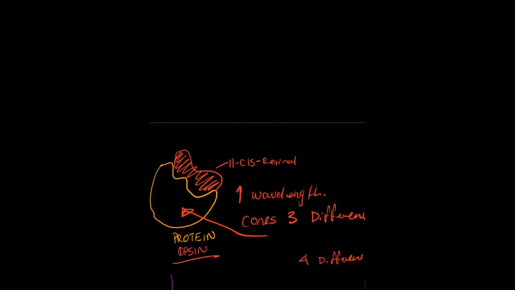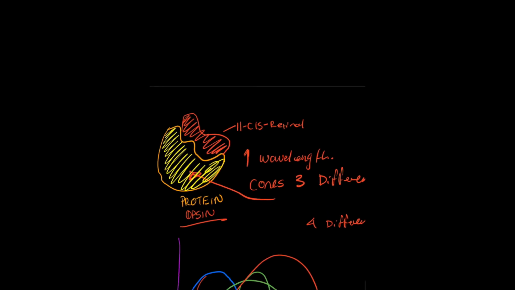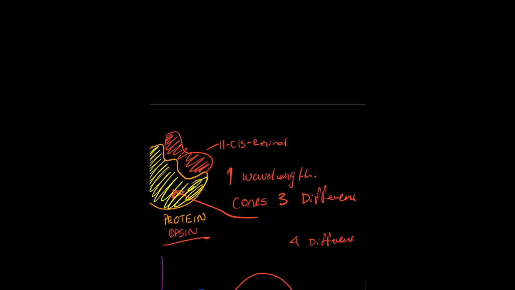So you probably have seen this diagram before. This part in yellow here is the opsin, and this is the retinal part, the photopigment, up the top here, and they're attached together. It is really important to understand that it is the opsin which determines the wavelength that is detected by that photopigment.